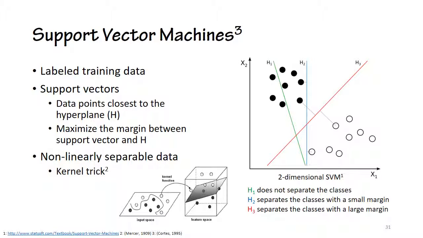Now, support vector machines. These are one of the most popular models today. And essentially, it's labeled training data. There's something called support vectors, which are essentially lines. So what we do is we use a hyperplane.